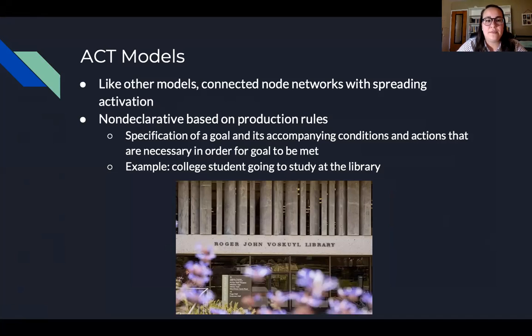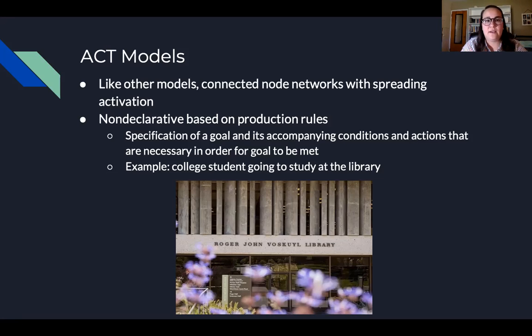So with these ACT models, again, these came out of the movement away from the classical hierarchical models, and actually came around the time of the spreading activation theory.